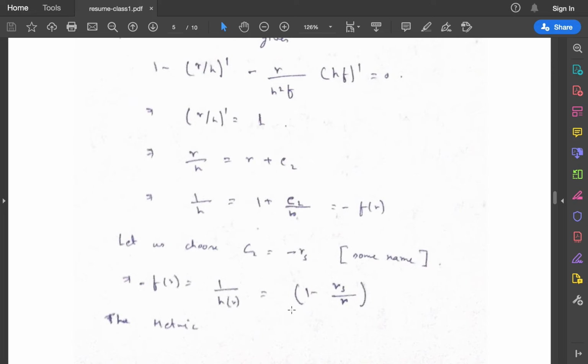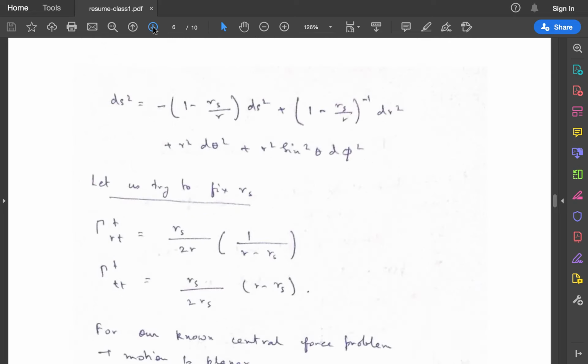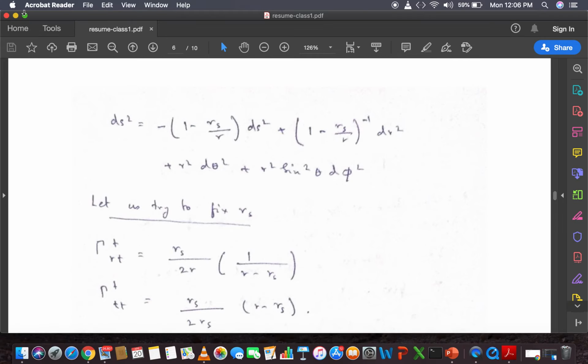Once we have done this, the metric is ds square equal to minus (1 minus rs by r) dt square plus (1 minus rs by r) to the power minus 1 dr square plus r square d theta square plus r square sin square theta d phi square. If you have seen the Schwarzschild metric earlier, you will realize that we are getting something very close to that. All we need now is to find rs.